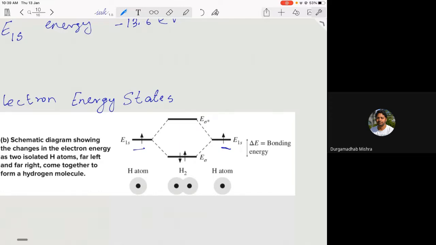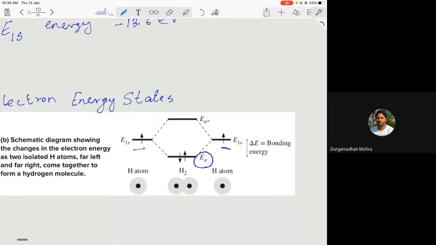And you can clearly see the energy of the bonding molecular orbital is lower compared to the energy of the electron when they are in the isolated case.